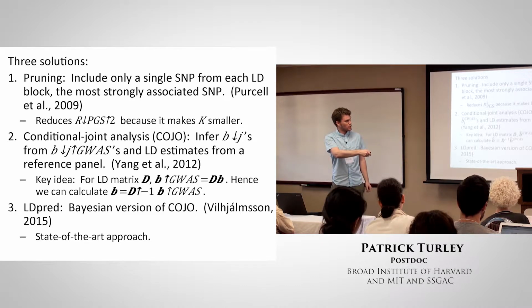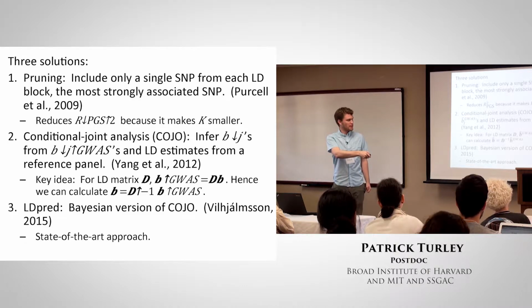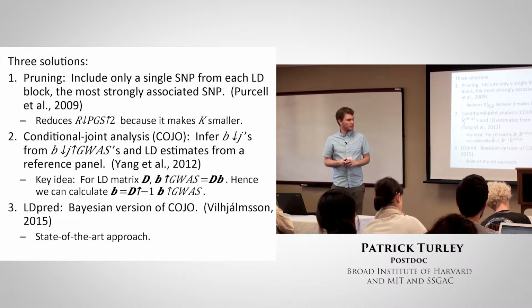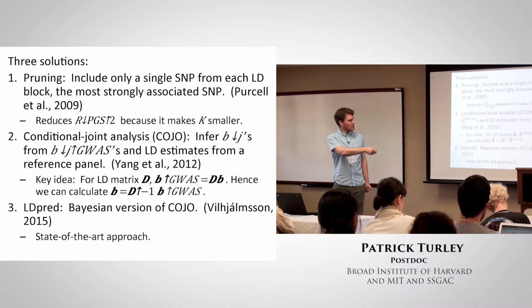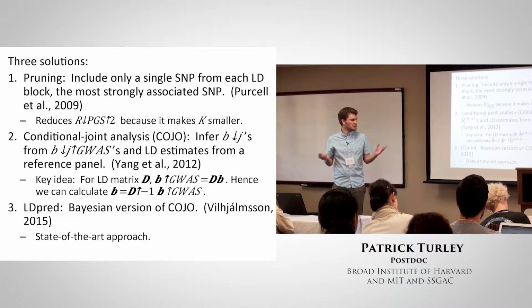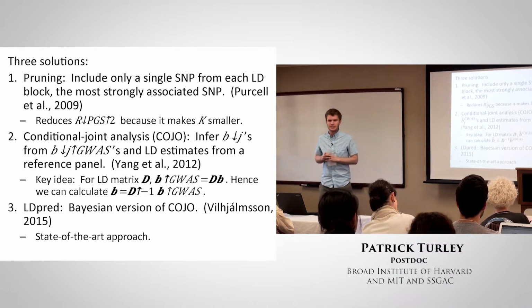The relationship between B GWAS and the B's that we want is that we left multiply by the LD matrix, the matrix of correlations between the SNPs. Because that's true, we can just invert it and move it to the other side. So you get the true B's by left multiplying by the inverse of the LD matrix, and that will fix that problem. That seems to be a nice trick.